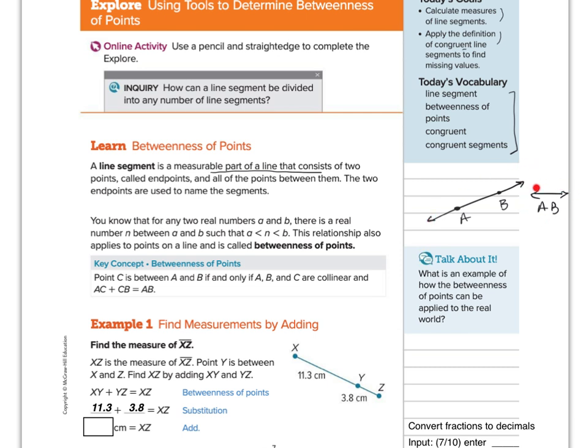We could write it as line AB. What they're saying here is we have segments now, and segments are just going to have endpoints. So if we wanted to write segment AB, it would be AB with just a straight line over it, indicating basically that we have the ending points. It does not go on forever and ever. So that is a line segment.